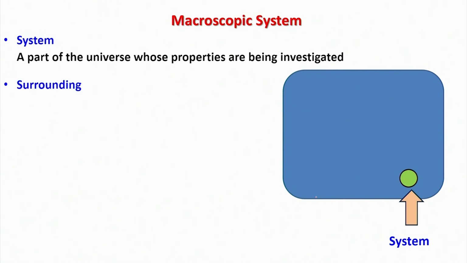This blue box is giving the surrounding to the system. So by definition, the surrounding is the rest of the universe. As far as our practical applications are concerned, we are interested in the system plus the surrounding, and these two make up the universe.